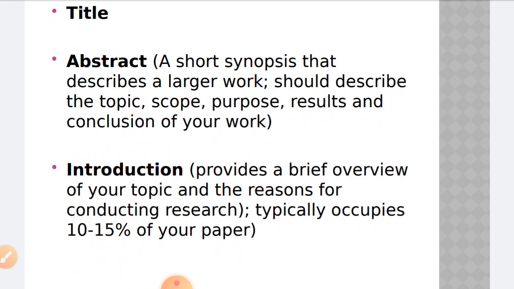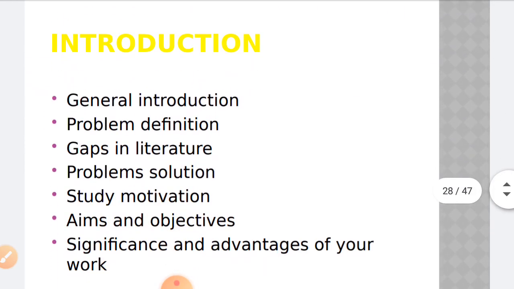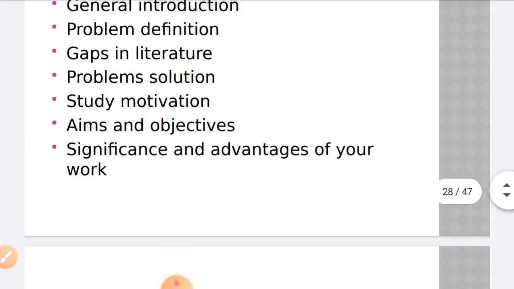Typically, introduction occupies 10 to 15% of your research paper. In your introduction section, you may include a general introduction, problem definition, gaps in literature, problem solutions, study motivation, aims, objectives, significance, advantages of your work.